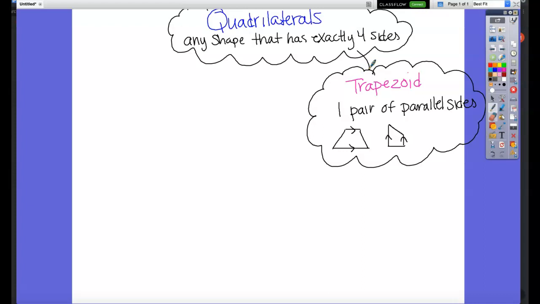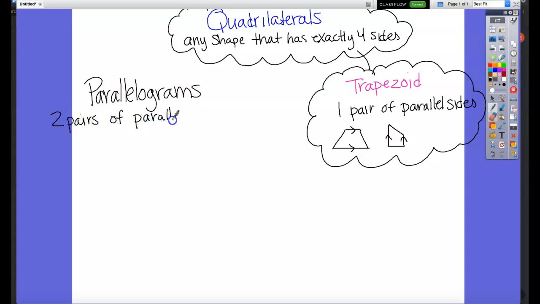Now, there's other types of quadrilaterals, which are categorized as parallelograms. And parallelograms have 2 pairs of parallel sides. And they typically look like this.